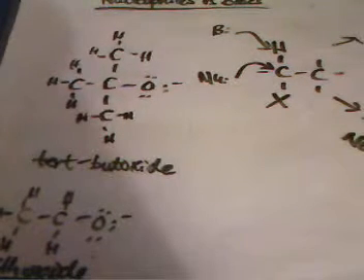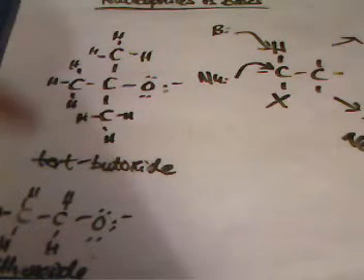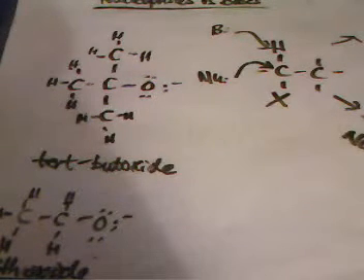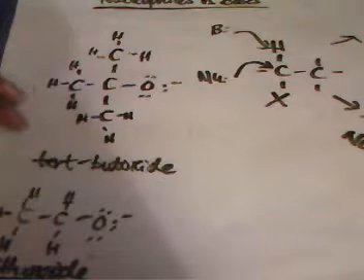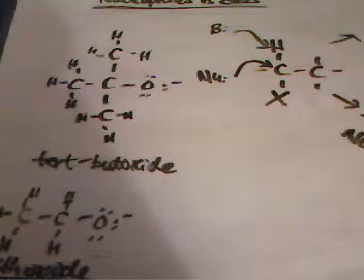We see that even though ethoxide is a much weaker base than tert-butoxide, it's a better nucleophile. So this is an example where basicity and nucleophilicity are not parallel. The weaker base is actually the better nucleophile, and the stronger base is actually the poorer nucleophile. And the reason for that is, again, bulkiness.